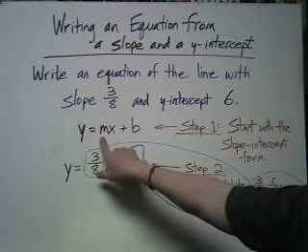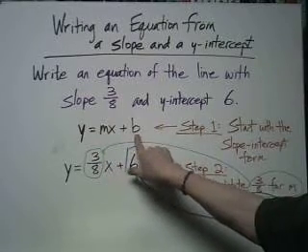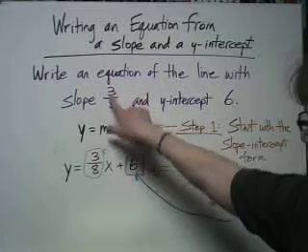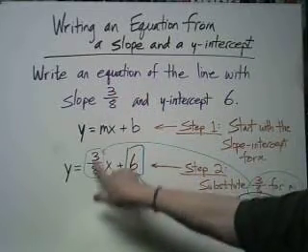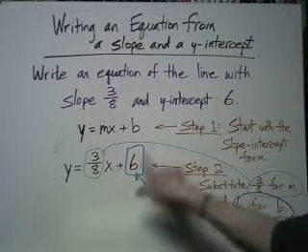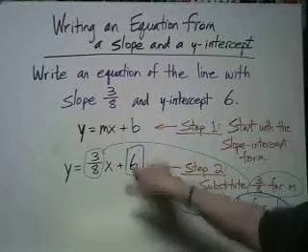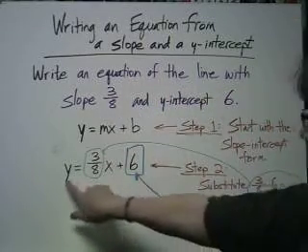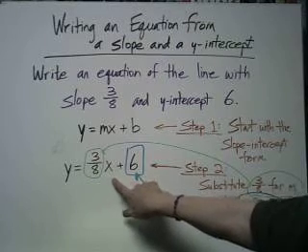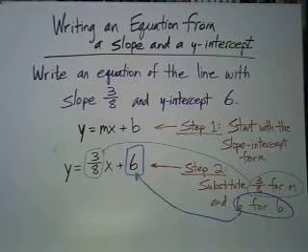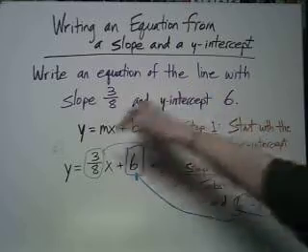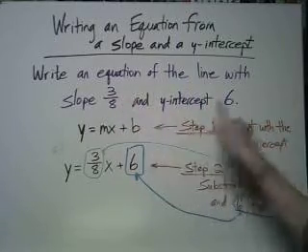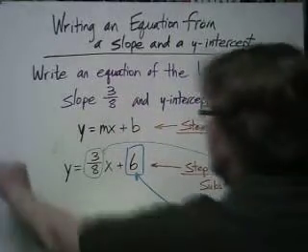You know the slope is m. You know your y-intercept is b. So simply plug in 3/8 for m and plug in 6 for b. So my equation of a line with this slope and this intercept is simply y equals 3/8 x plus 6. So in step 2, you substitute in the values that you are given. Don't make that hard. It is very simple.